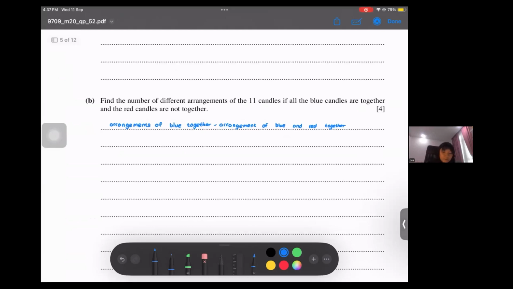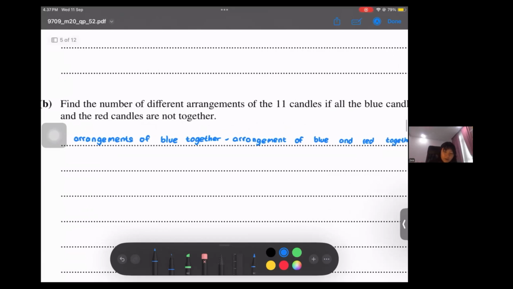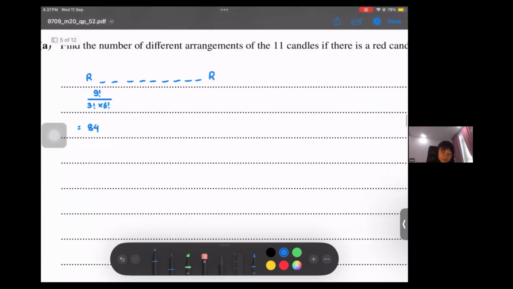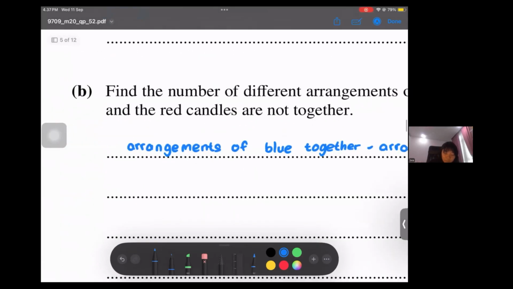So when we would like to find the arrangement of the blue together, it means that the blue will be together, and since there are 3 blue candles, we can arrange it as 1 and then blue, blue, blue, then 1, 2, 3, 4, 5.